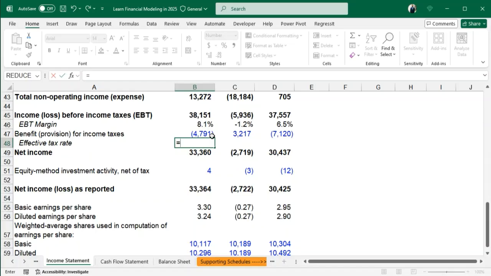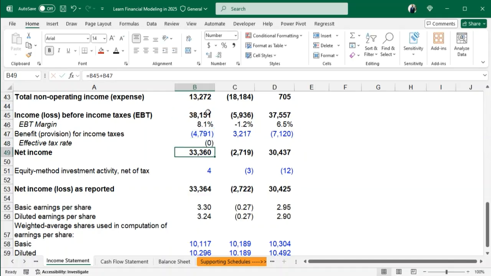So our effective tax rate is going to be equal to our tax expense divided by the income or earnings before tax, which is this. So I'm going to do that, and I'm going to convert it to percentage and increase it to 1 decimal place, and also copy the formula to the right using Control R.